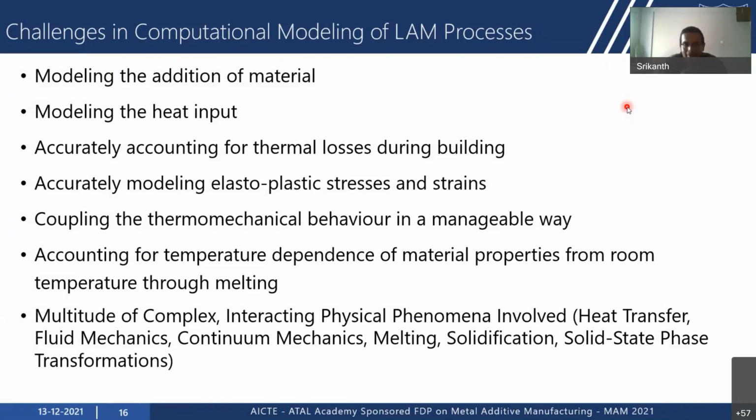The next challenge is that you use a high energy density heat source in additive manufacturing, the most common ones being a laser, or an electron beam if you are looking at the electron beam melting process. So how do we model the heat input coming from this high energy density heat source? Then, as this heat source melts the powder particles and they solidify, how do you account for the thermal losses that take place during deposition?